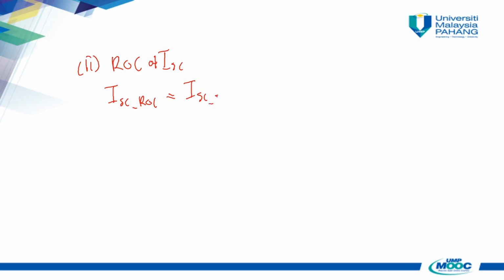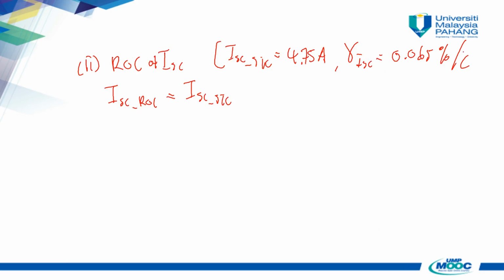So, just now, we know the ISC STC is 4.75 amps, and the temperature coefficient for ISC is 0.065 percentage over degree C. So, what is the equation that we are going to use here? That's my question.